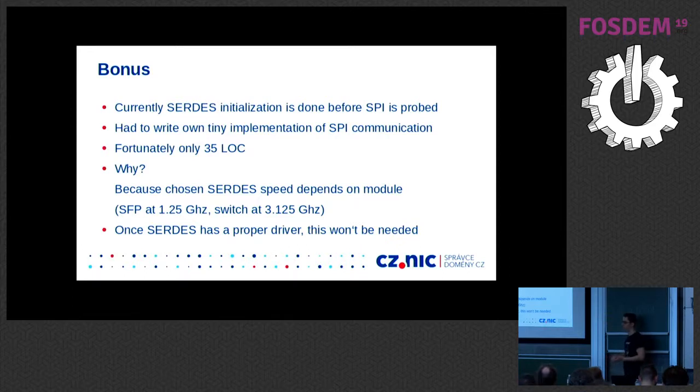If it is connected to the SFP node in the device tree, it would have known that it should enable the SERDES line at 1 gigabit, and if the switch node is connected, then it would have known it should enable it at 2.5.